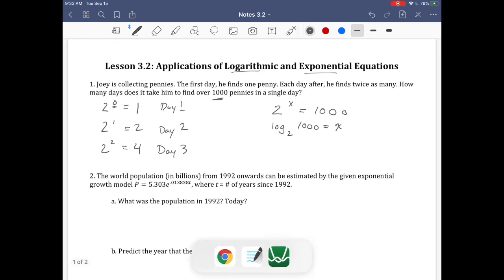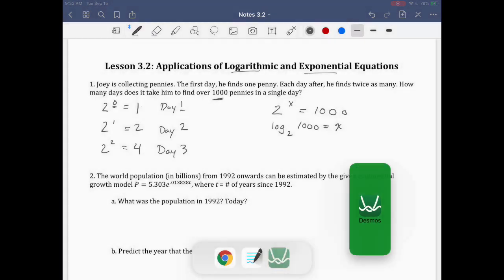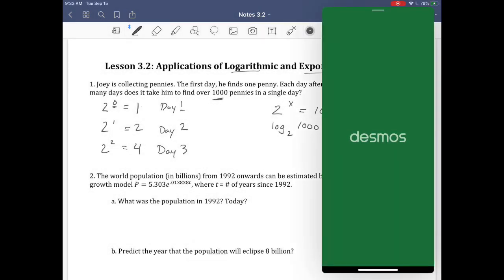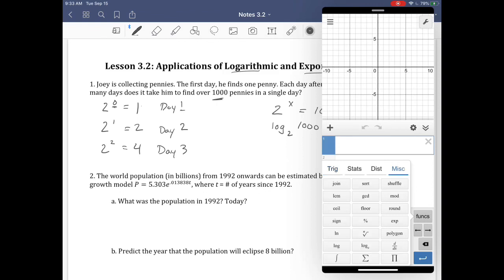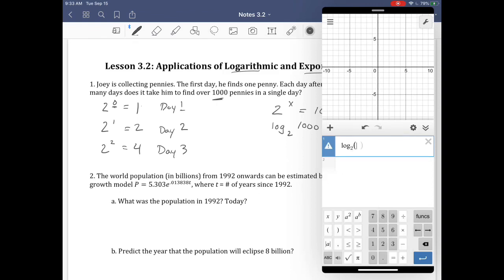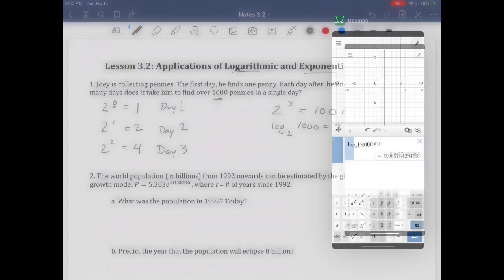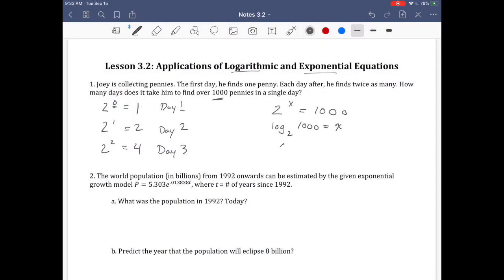We hop onto our calculator and pull up our log base 2 of 1,000. And it takes 9.96 or something along those lines, depending on how we're going to interpret that. So we'll talk about that in a second. So x is about 9.96.